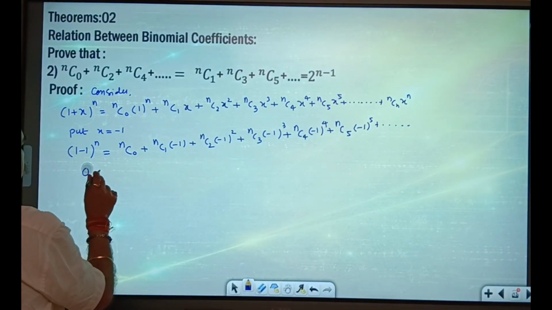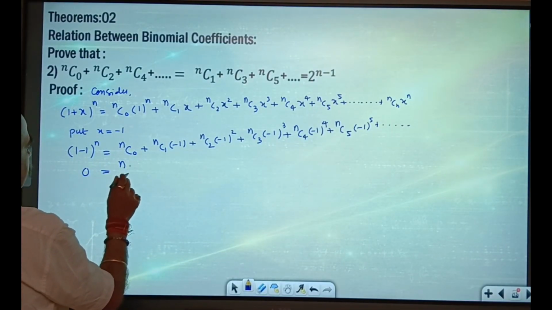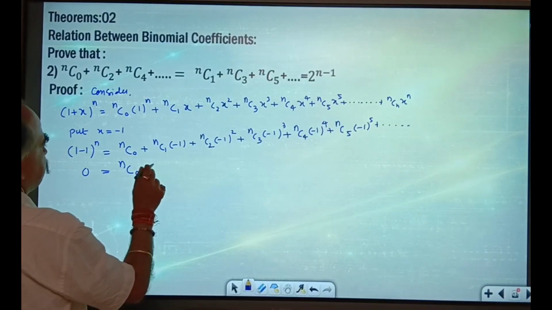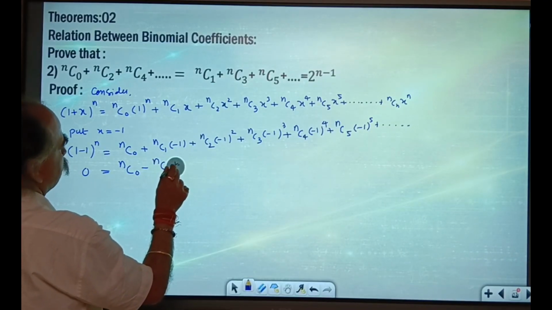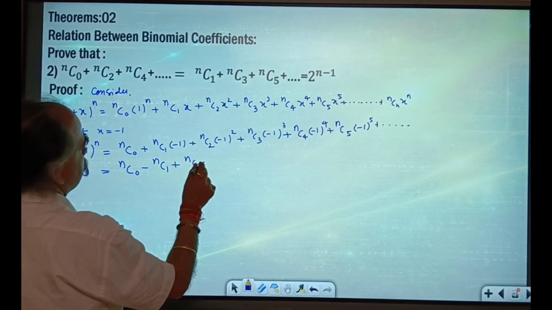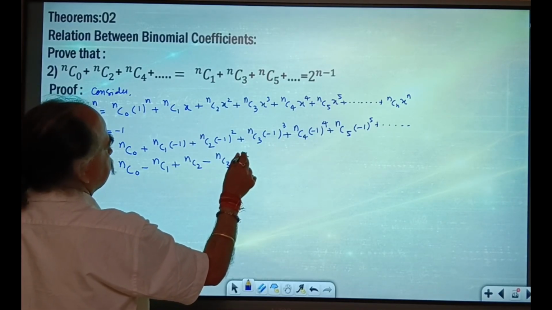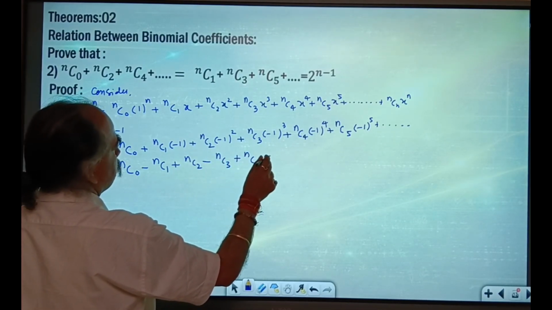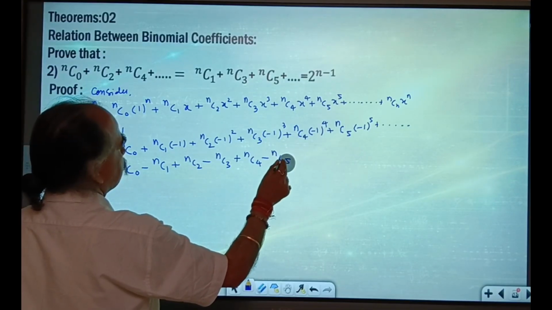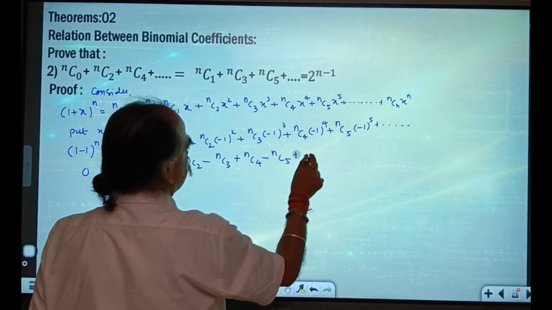This is 0, nC0 minus nC1 plus nC2 minus nC3 plus nC4 minus nC5 plus so on.